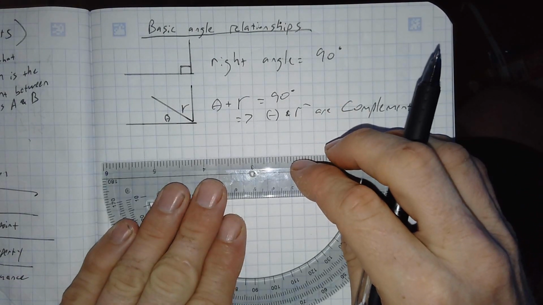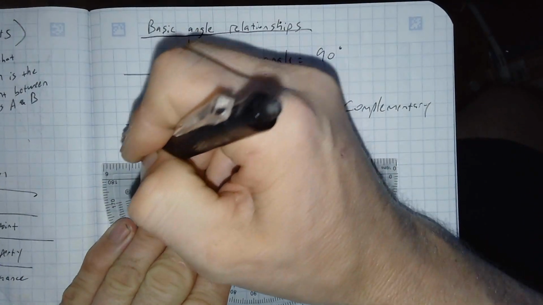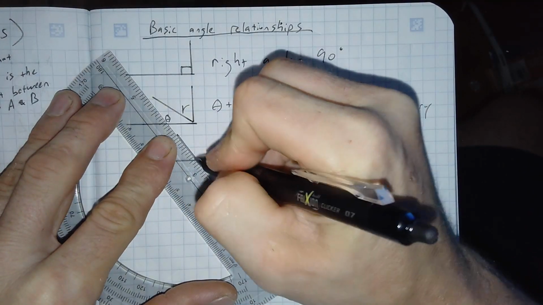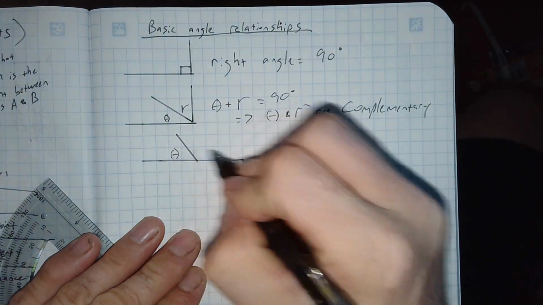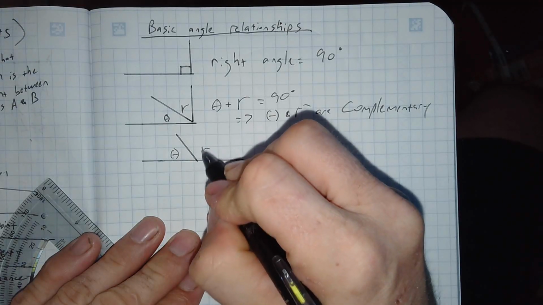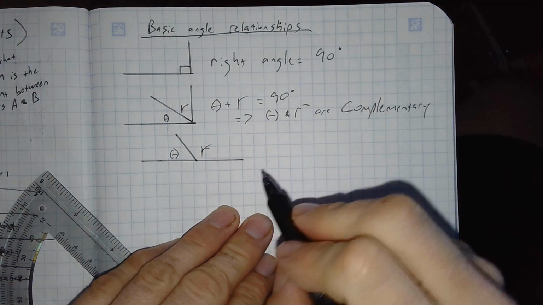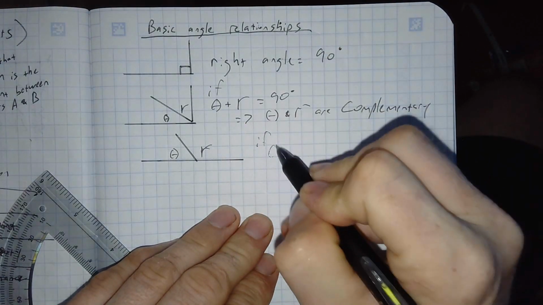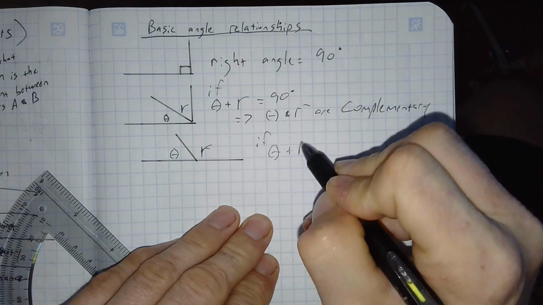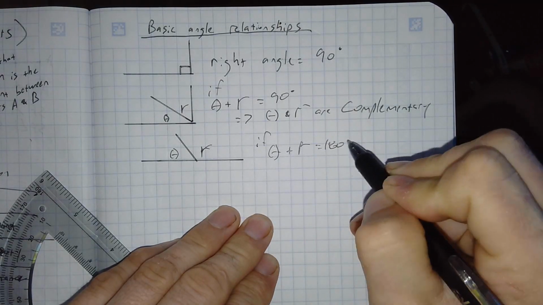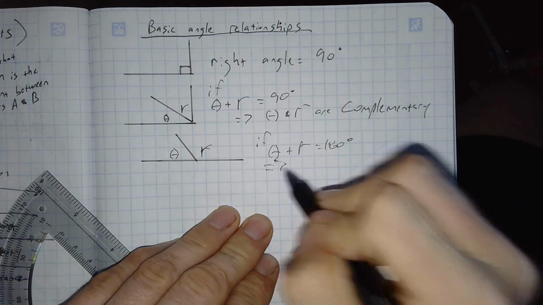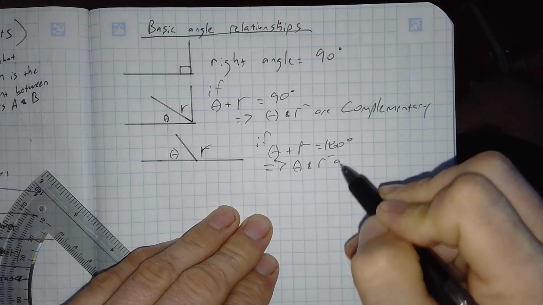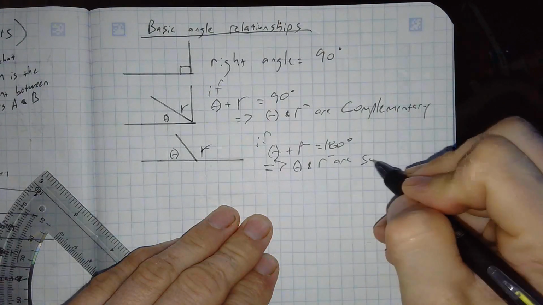If I have two angles and they add up to 180 degrees, like this angle theta and this angle rho, right? Therefore, angle theta and rho are, did I say complementary? I meant supplementary.